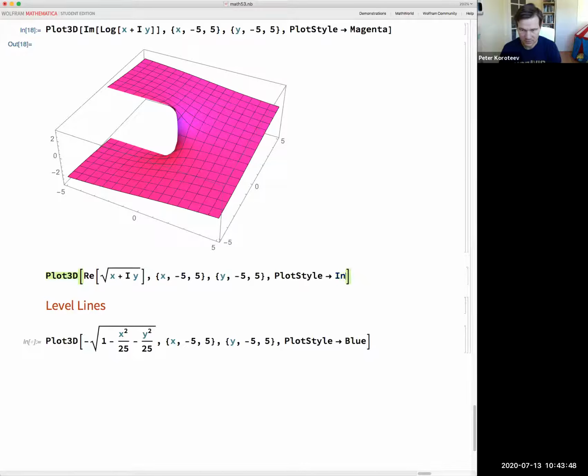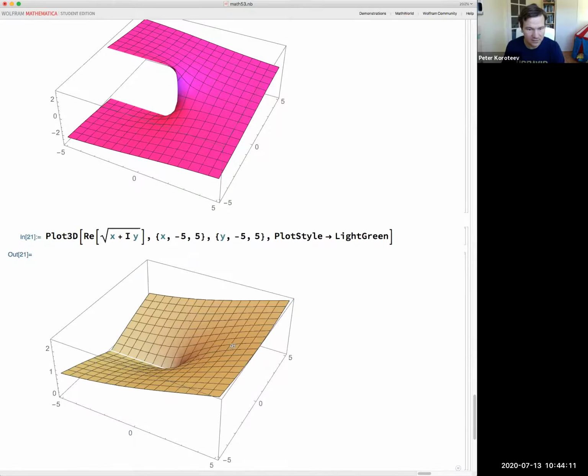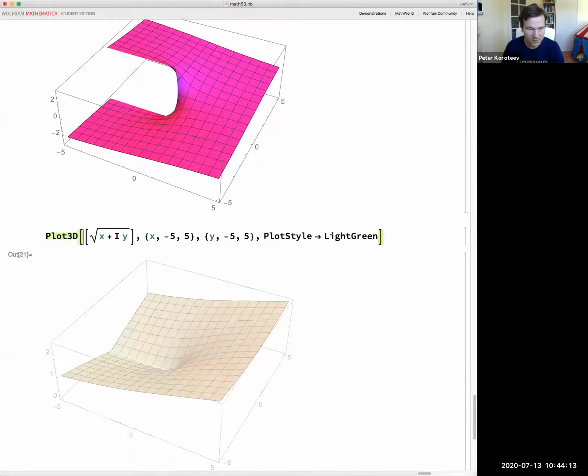There's no indigo. Well, let's just use the standard. We had green before, but maybe there's a different green. Light green. Let's take light green. That's not light green. Okay, we have to get to the imaginary part.